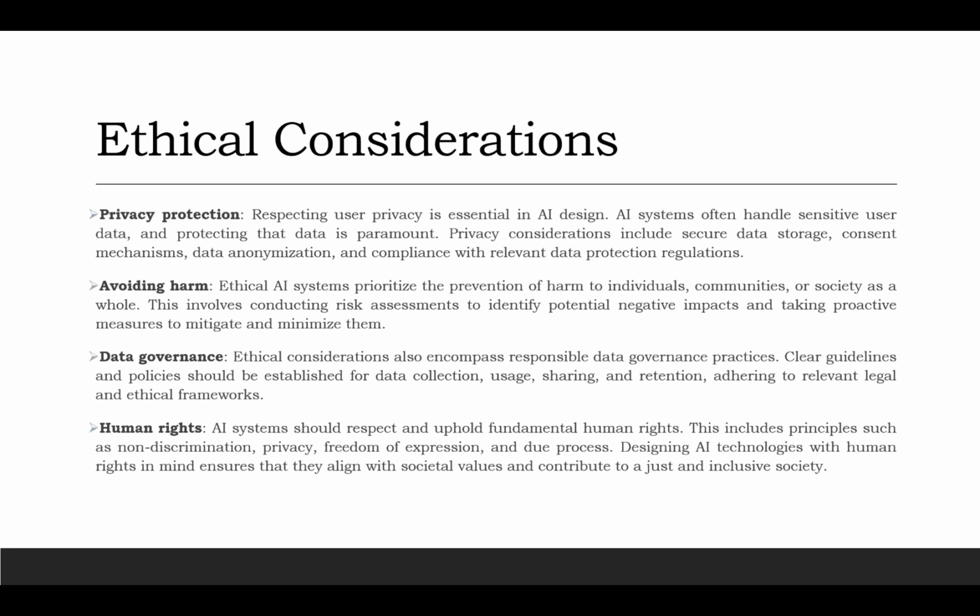Avoiding harm involves the ethical AI system prioritizing the prevention of harm to individuals. Data governance also encompasses responsible data governance principles, where clear guidelines and policies should be established for data collection, usage, sharing, and retention. Coming to human rights, AI systems should respect and uphold fundamental human rights. This includes principles such as non-discrimination, privacy, freedom of expression, and due process.